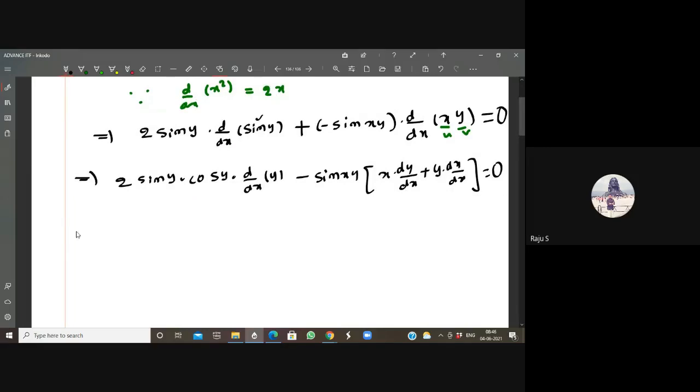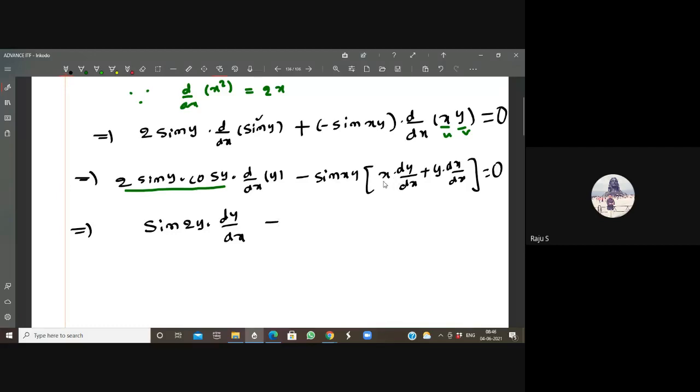So finally here we get 2 sine y cos y. Can I write 2 sine y cos y as, what is the 2 sine theta cos theta formula? Sine 2y into dy by dx.